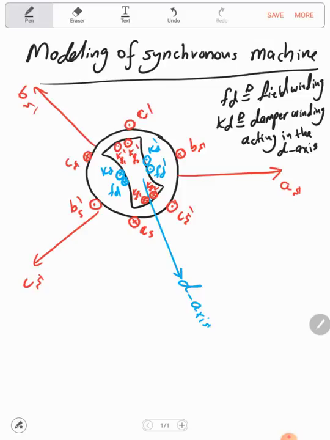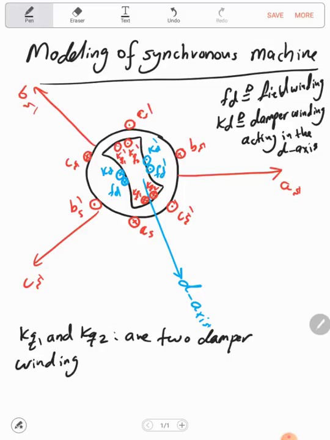Now we also have two damper windings in the Q axis, which are KQ1 and KQ2. Those are two damper windings acting in the direction of the Q axis.